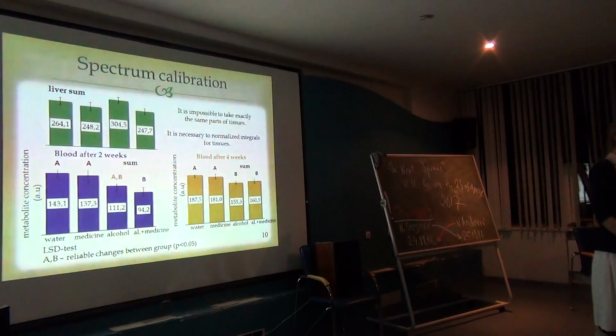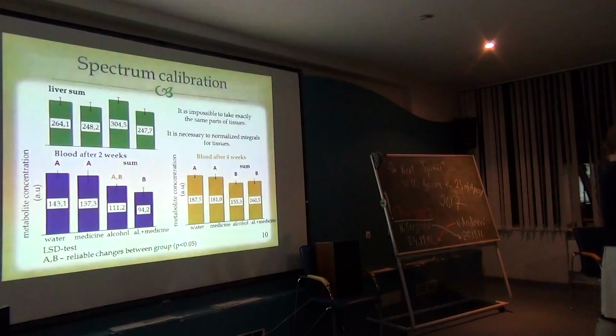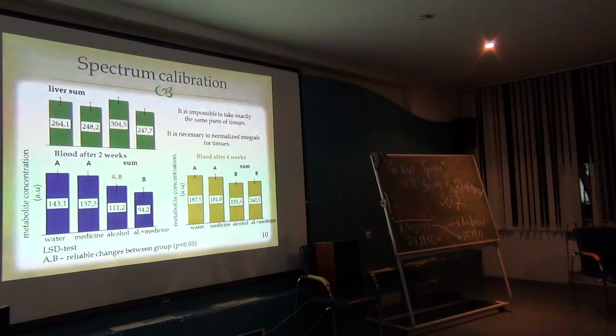Tissue spectra require calibration. We normalize all tissue spectra because it is really impossible to take exactly the same amount of tissue, and the tissue is not homogeneous. So here you can see it's just the sum of all detectable metabolites, and it doesn't have reliable changes.